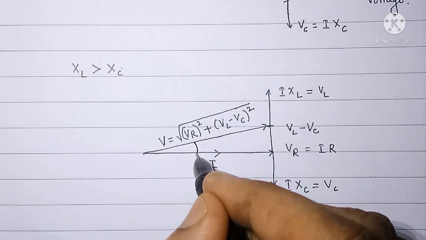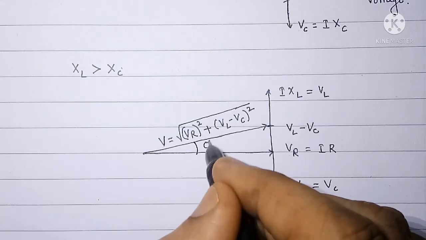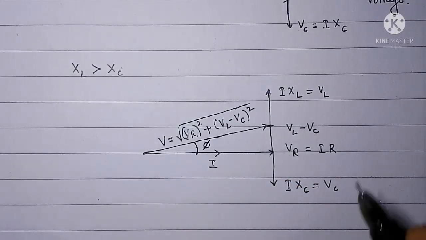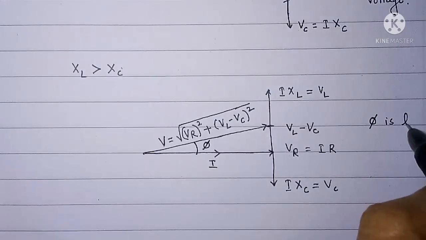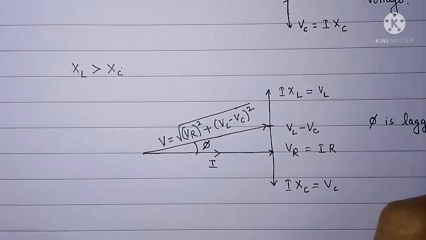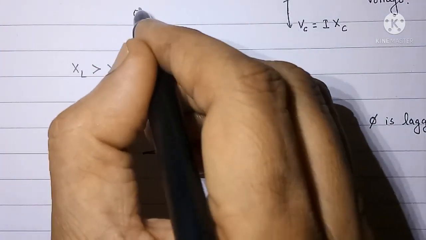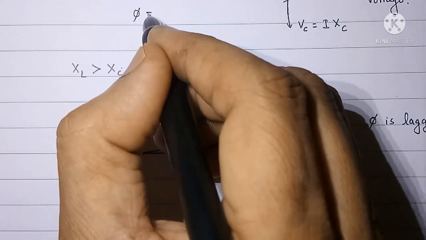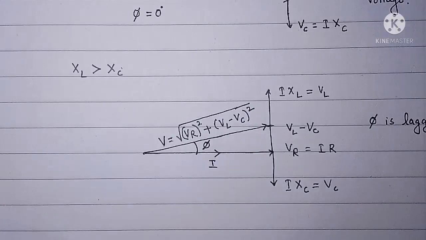And this angle will be phi. Here phi is lagging. For XL equal to XC, phi is equal to 0 degree.